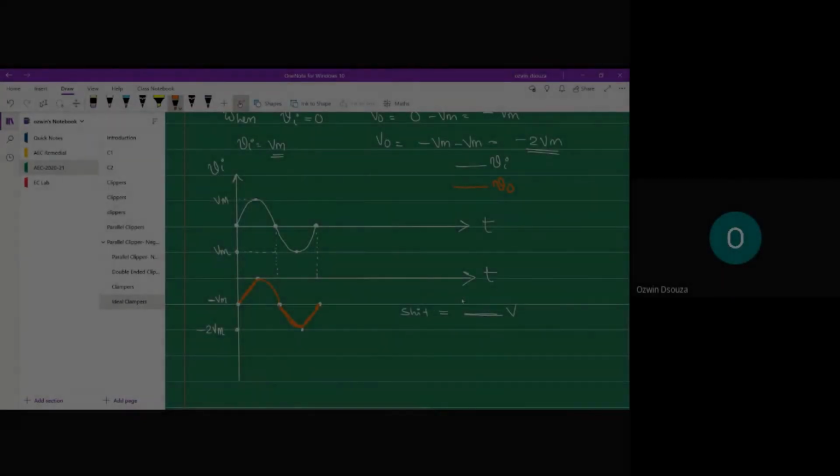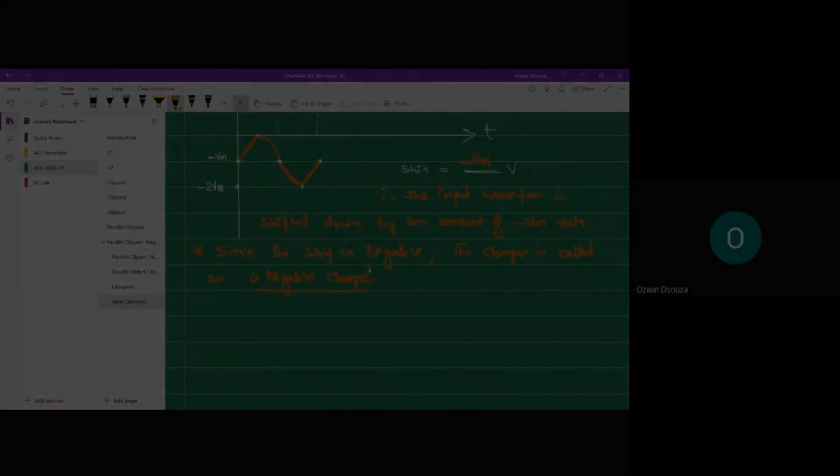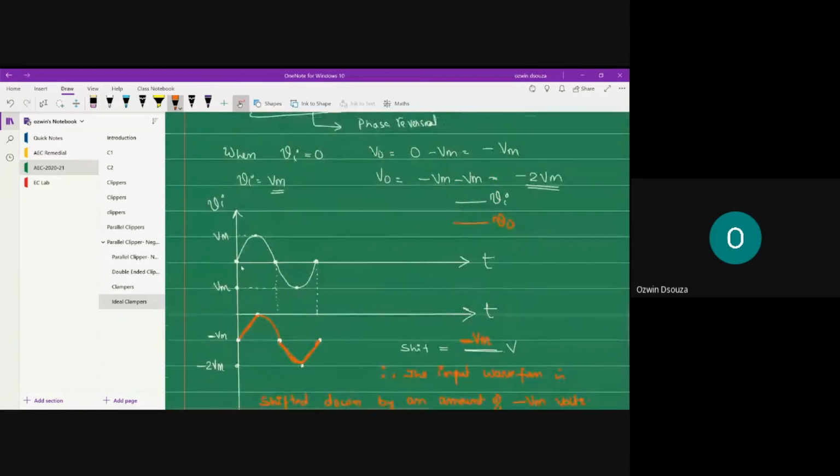The shift observed over here is minus Vm. Since there is a negative sign, that's the reason it is called a negative clamper. All right, so that's the working of a clamper circuit.